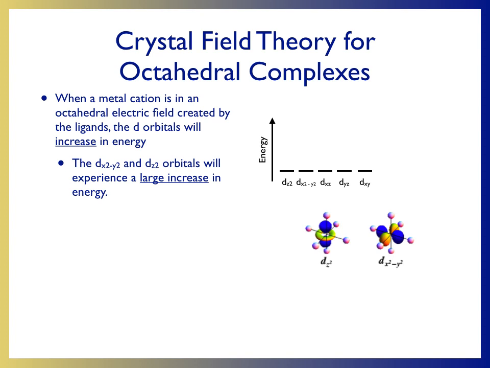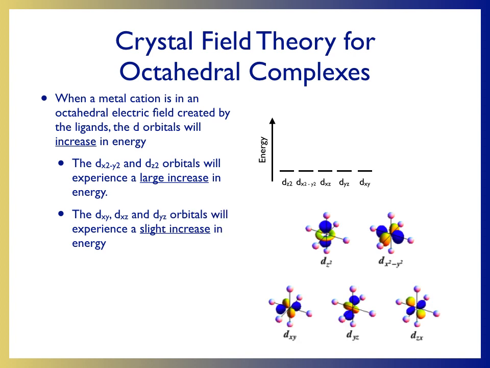This increase in electrostatic repulsion will cause those orbitals to go up in energy by quite a bit. There are three other d orbitals in which the lobes of those orbitals point between the ligands. Although there will still be some electron repulsion that will increase the energy of the orbitals, this increase will be much smaller because the orbitals are not interacting directly with the ligands.